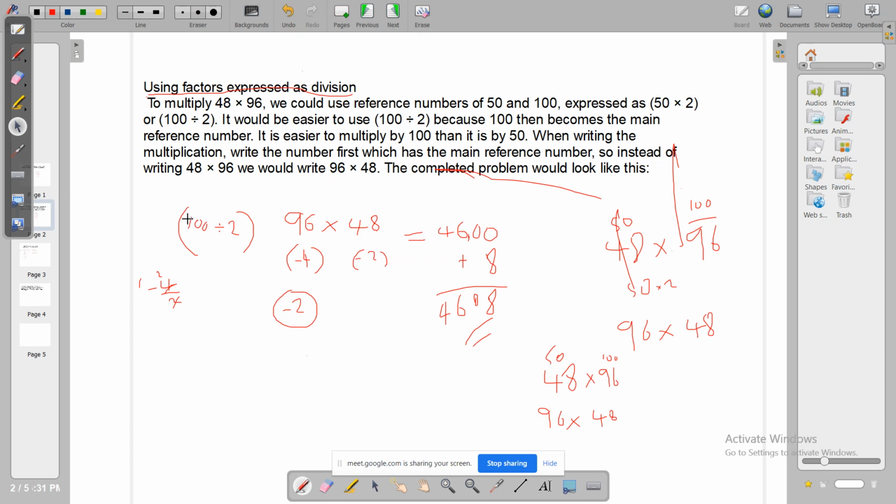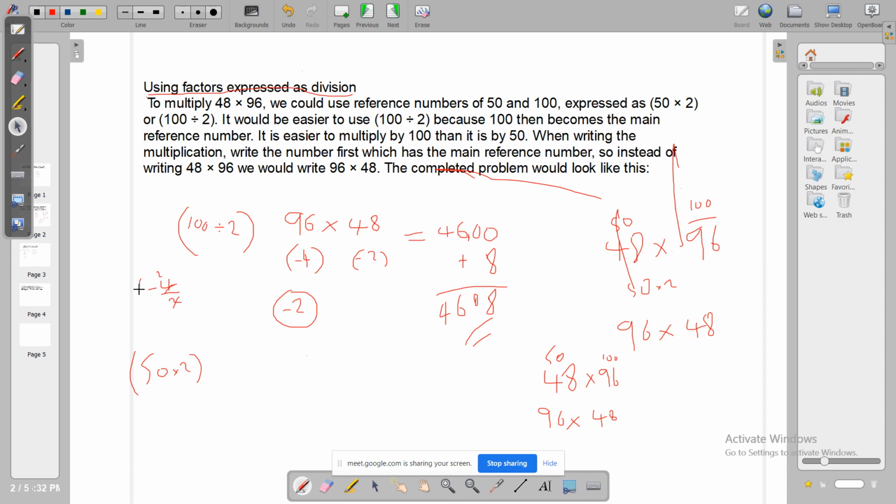Now if you are going to use a multiplication, if my main reference number is this, so if I have 50 times 2, instead of division you want to use multiplication. It means 2 times this will give you 100, which can serve 96, right? Do you understand?